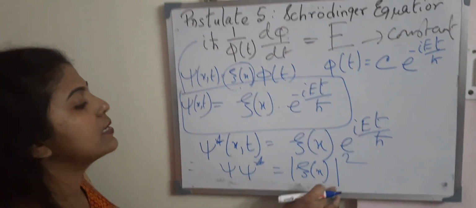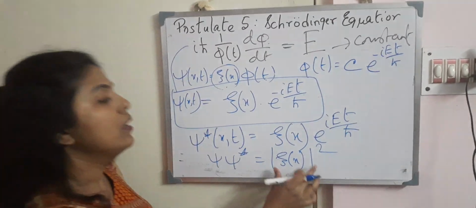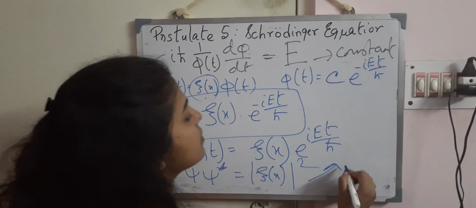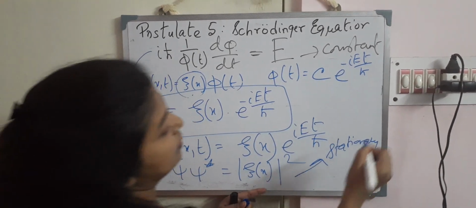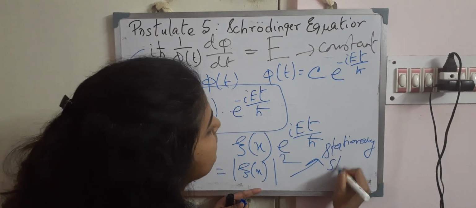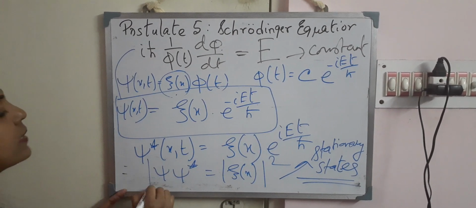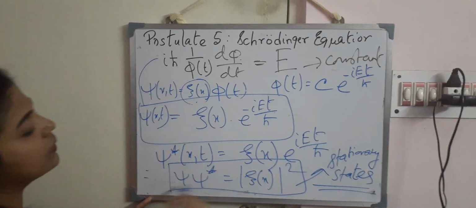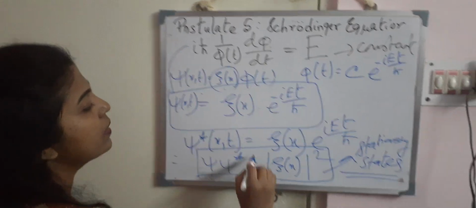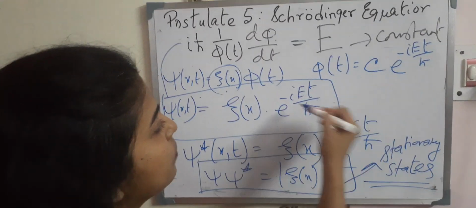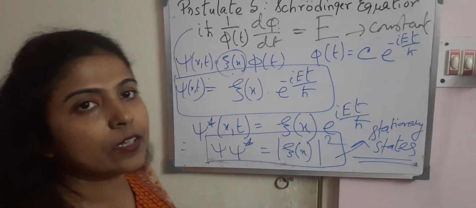So you can see that for Schrodinger's equation, the probability density is always independent of time. This means that the different states in quantum mechanics are stationary states, because the probability density will always be independent of time. Whenever I multiply this solution with its conjugate, the time part will vanish because of the imaginary term, and I will get it to be independent of time.